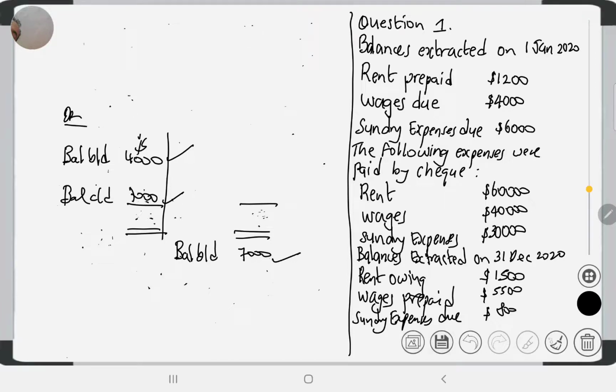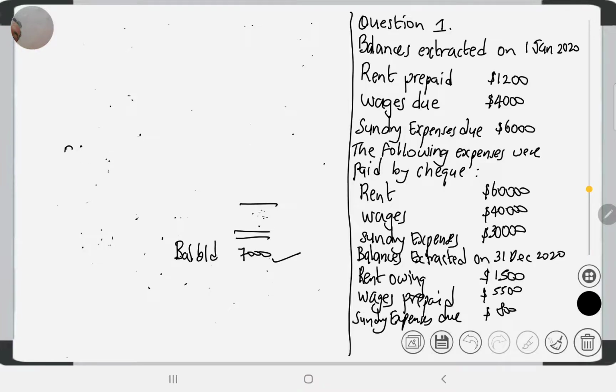So balance at start will be recorded above the total. It will be on the debit side or on the credit side, depending whether it is an asset or a liability. If it is an asset, it will be on the debit side above the total.